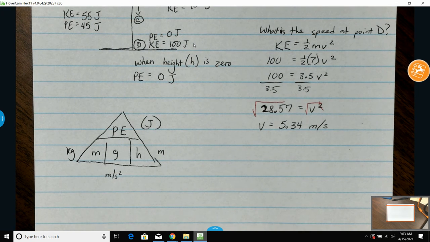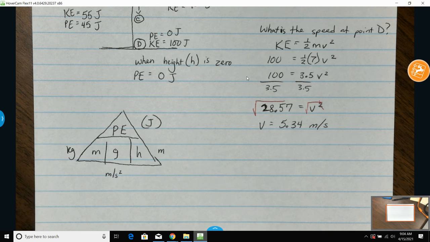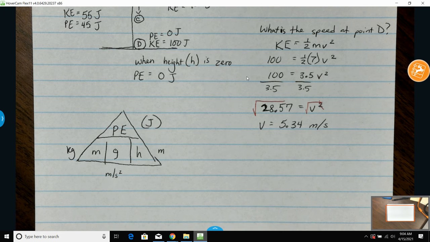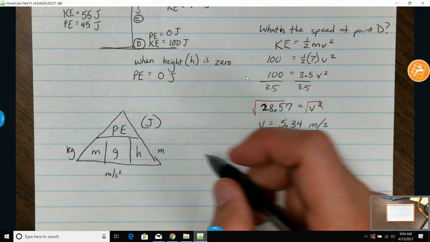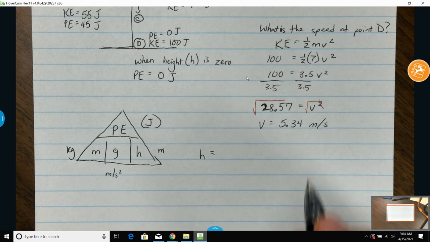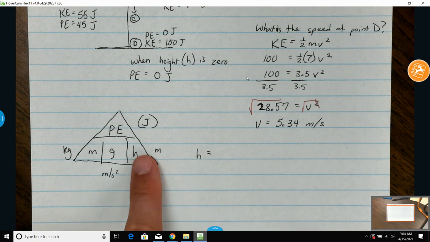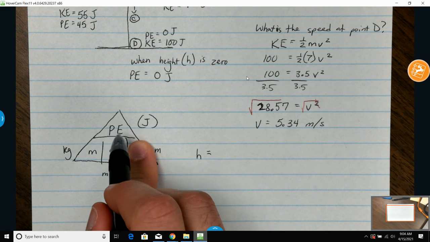So, if I asked you to solve for height, what would I do? Still the same thing. You still cover up the variable. So let's say I want to know what h is. If I want to know the height of something, I cover that up. What is going on inside the triangle?